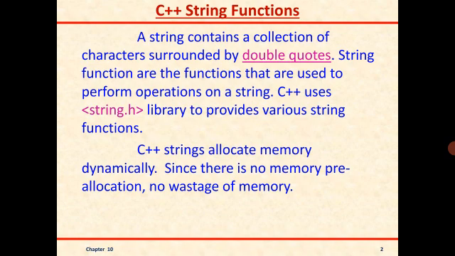Whenever we use string functions, we have to include one header file, that is string.h. Usually C++ strings allocate the memory dynamically. Hence, there is no memory pre-allocation or wastage of memory. This we have already learnt in the previous class.